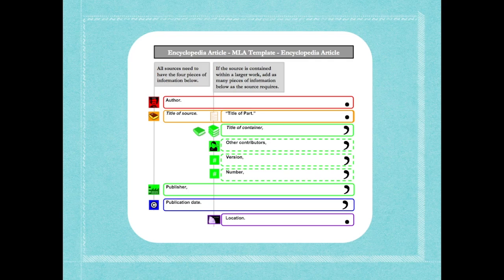This should look familiar. The only thing that's really different at the bottom is that you have the location instead of being a web address, of course, it is the page numbers. And because you don't have to worry about when you looked at it, date of access, not important. After the page numbers, just put a period.